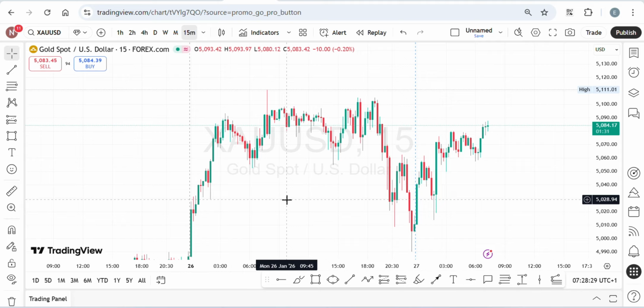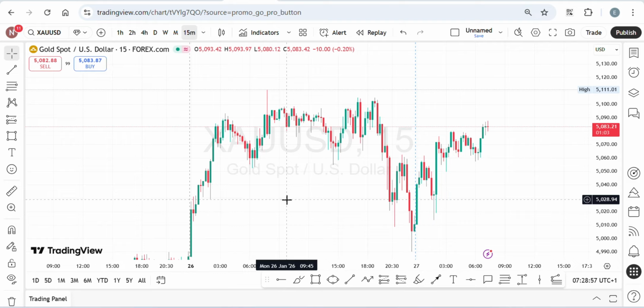So when you look at the left side of the chart to identify your key levels, you want to use the most current key level.